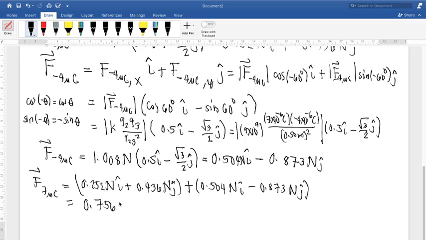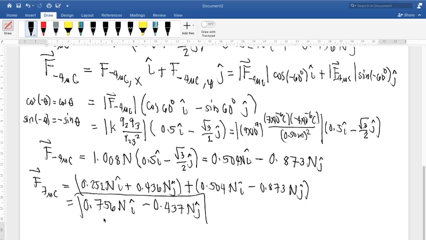So that is your i hat direction. Next, i-combine na ato ang j hat. So that is 0.436 minus 0.873. So that is negative. So we have negative 0.437 Newton j hat. So this is your answer.